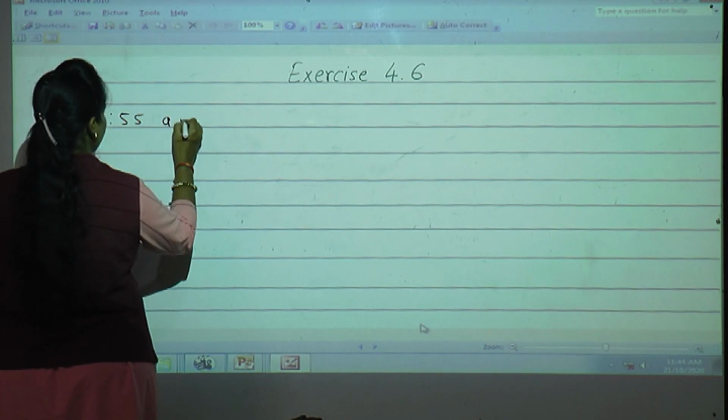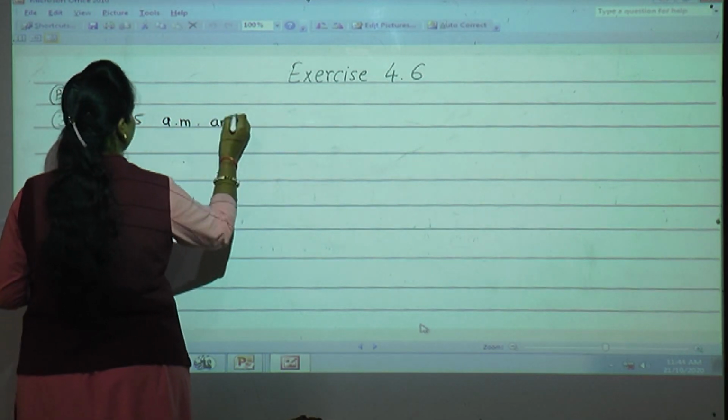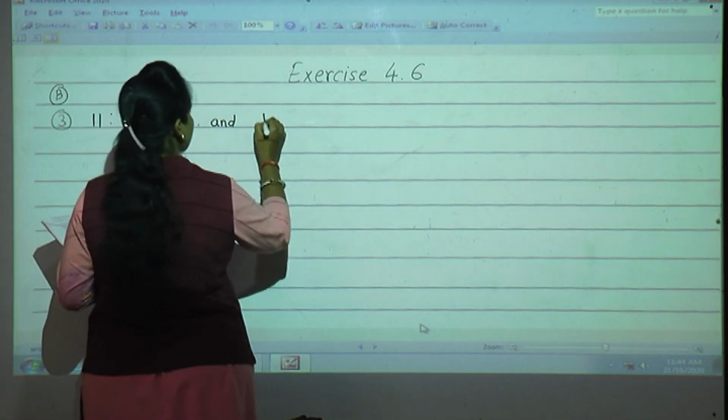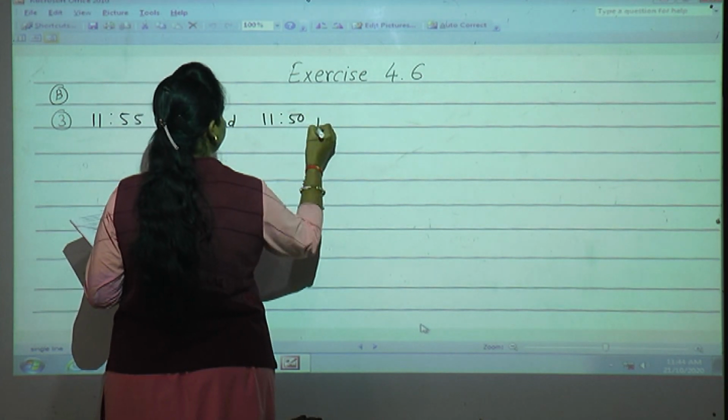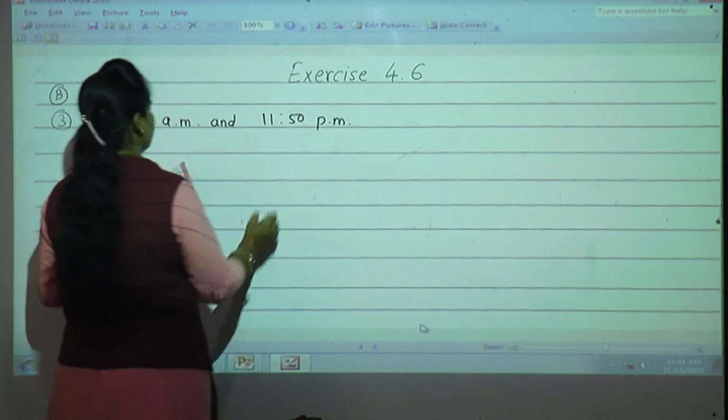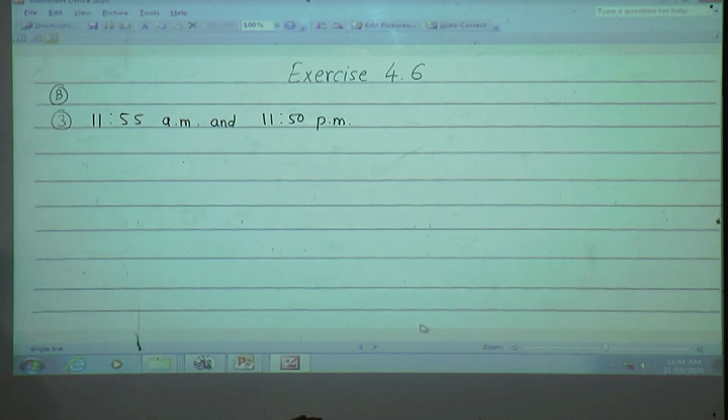11:50 a.m. and 10:55 p.m. See, again here also they have given one time in a.m. and the other in p.m. Okay, no need to worry, just count the hours by writing.